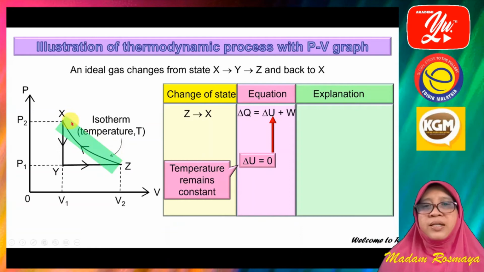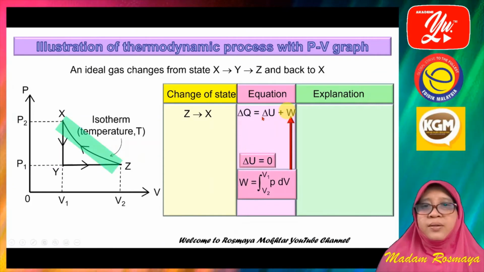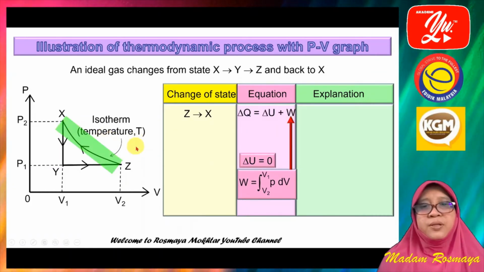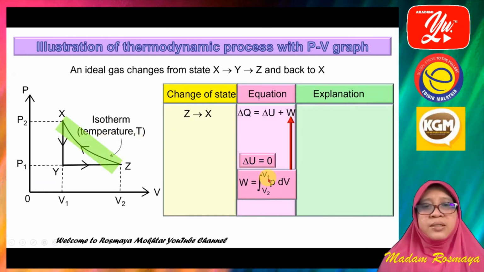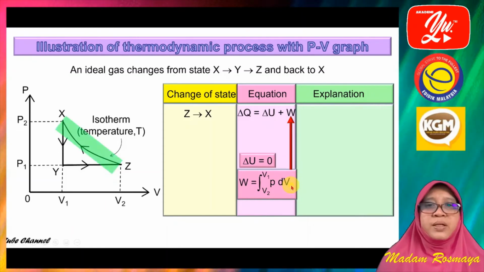So the internal energy change is 0 because the temperature is constant. Because this is a curve, the work is the integration of P with respect to V from V2 to V1. So delta Q equals work done.